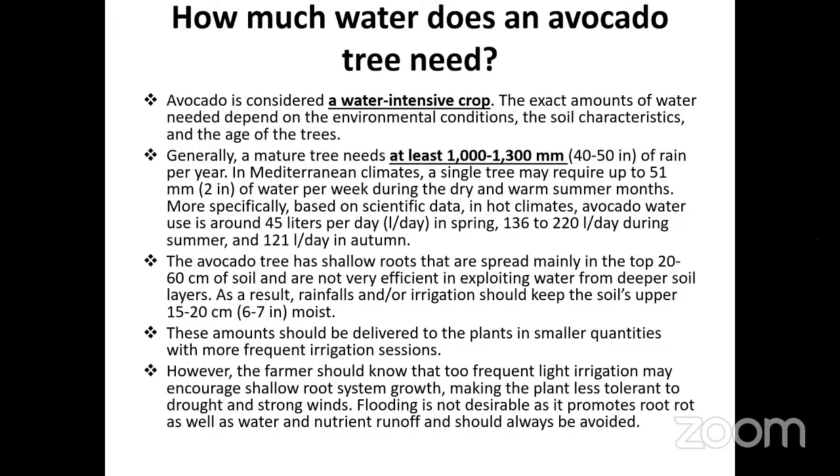The most important thing is to keep the effective root zone moist most of the time, so you don't add excess water, and you don't make a shortage in the water. It is very important to keep the soil moisture in the field capacity range, and this can be done very effectively if you are using the drip irrigation system.